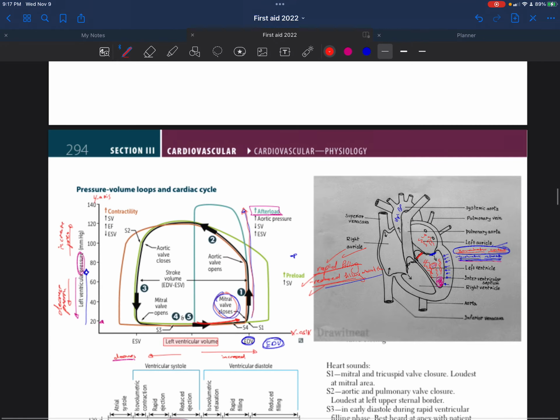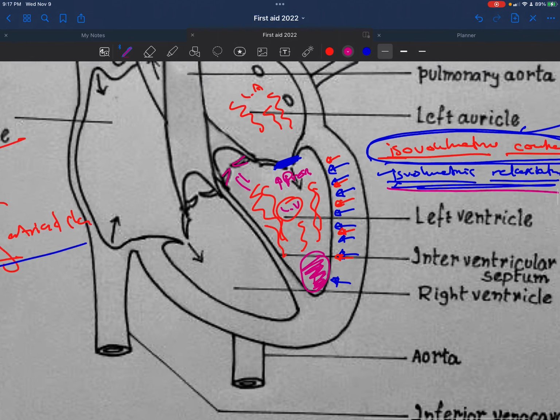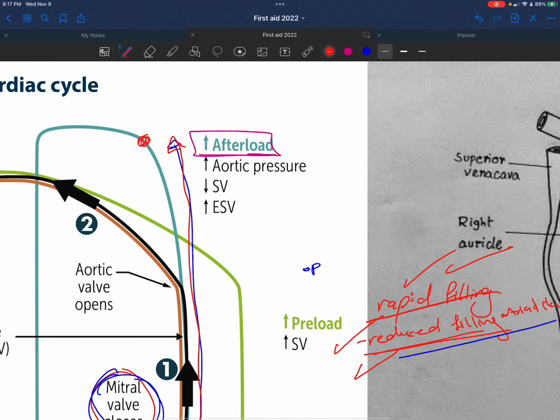The aortic valve is still closed, but the left ventricle keeps pushing hard until it increases its own pressure high enough to finally push open the aortic valve. And there you go, here is the aortic valve opening. It becomes this way because it's so hard to open the aortic valve. It takes more power to open it.